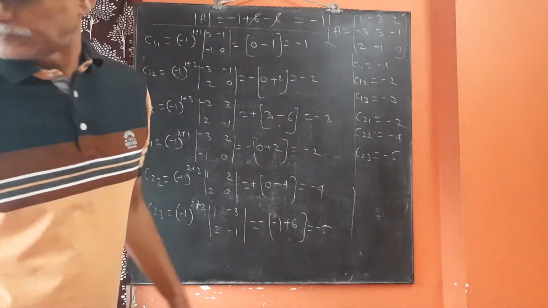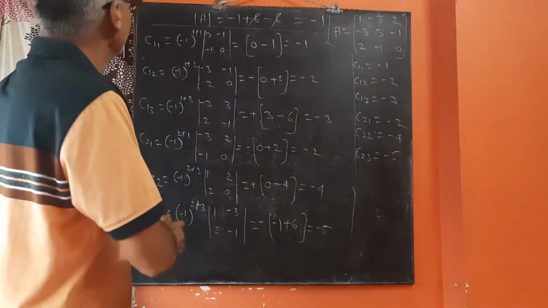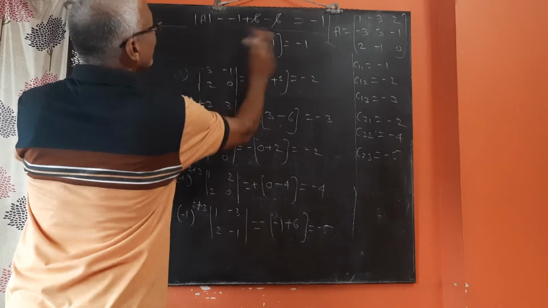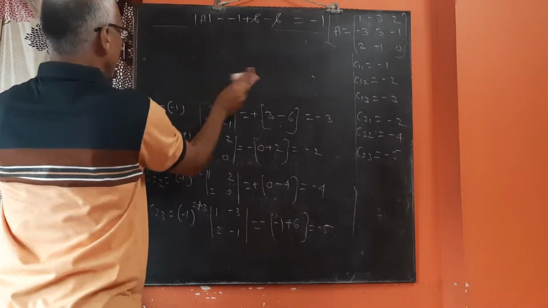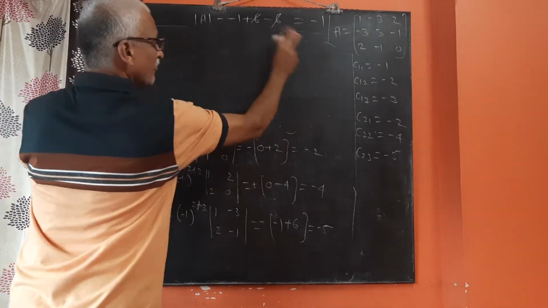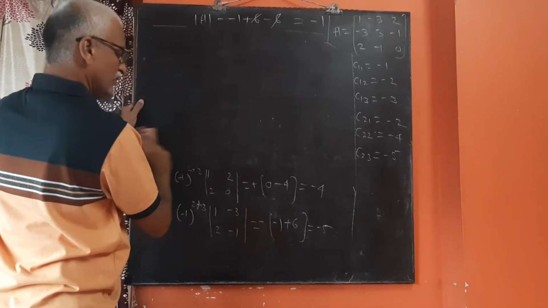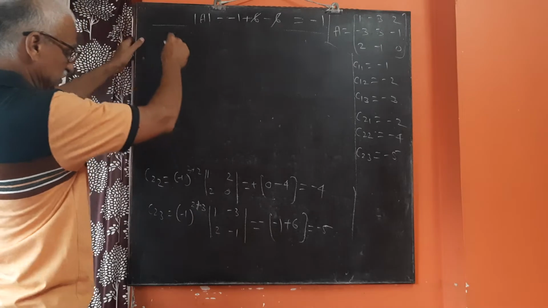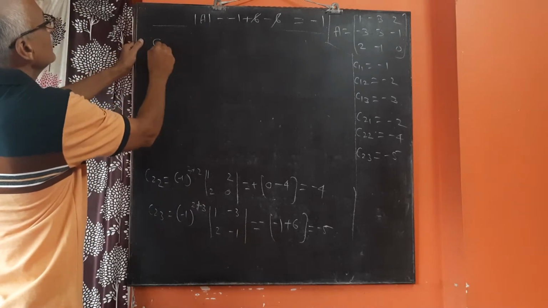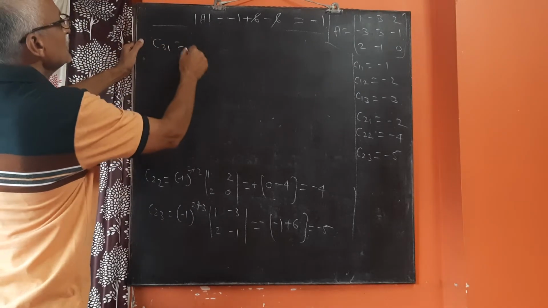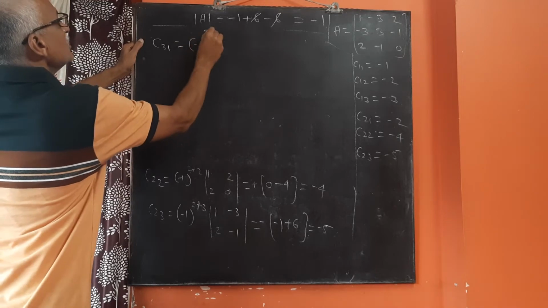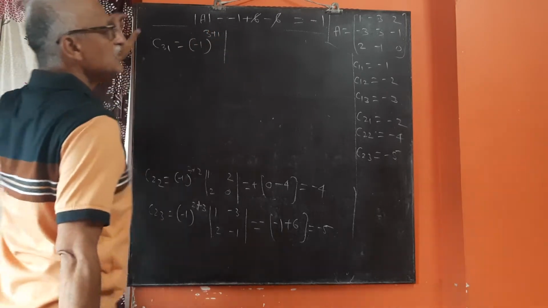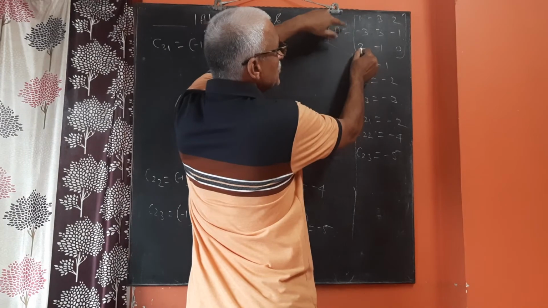Then comes C31 is equals to minus 1 raised to 3 plus 1 into determinant of C31, means this position.